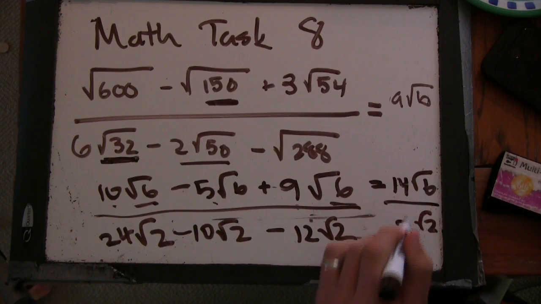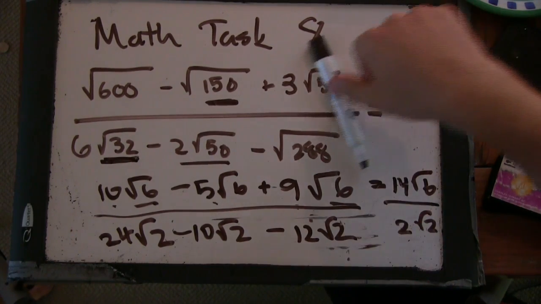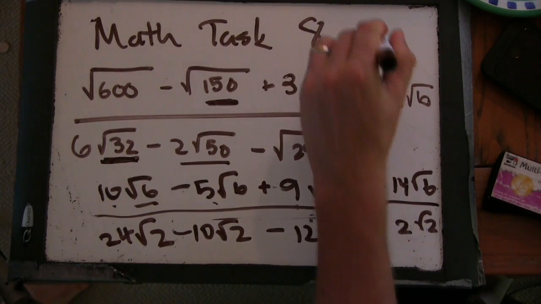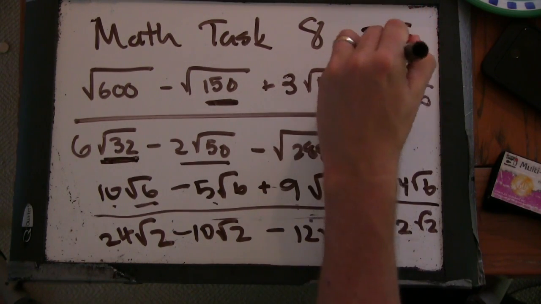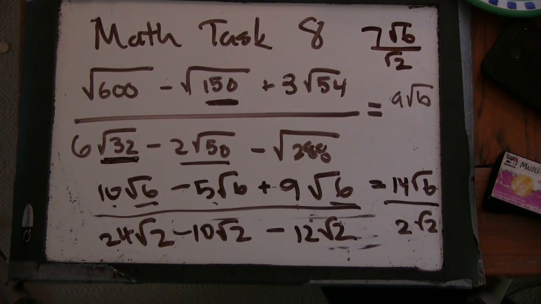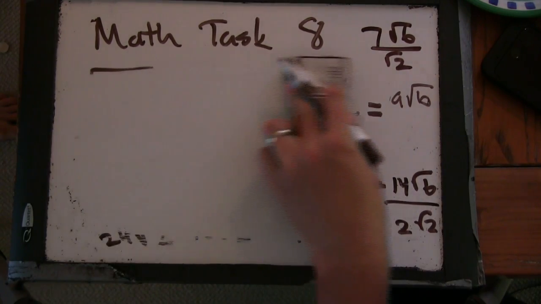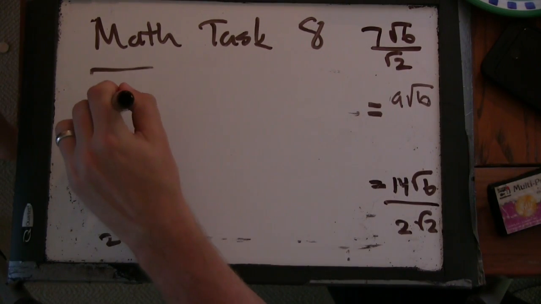So what's 14 times the square root of 6 over 2 times the square root of 2? Well, it's 7 times the square root of 6 over the square root of 2.